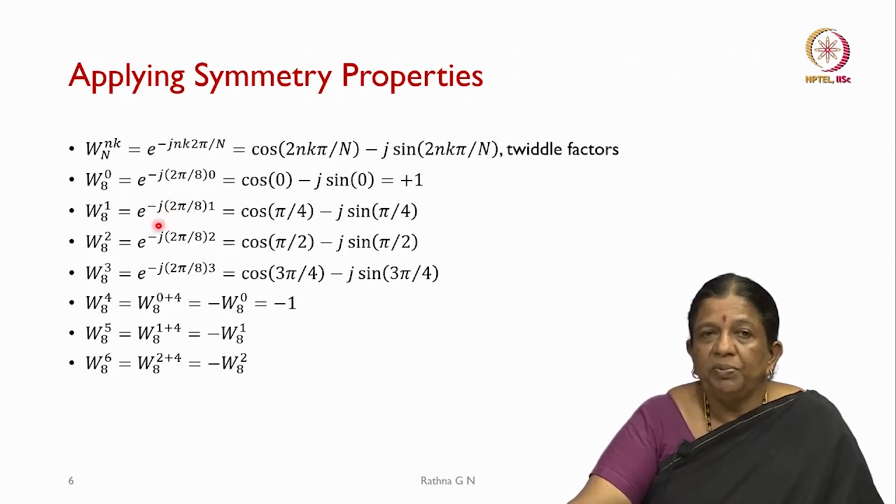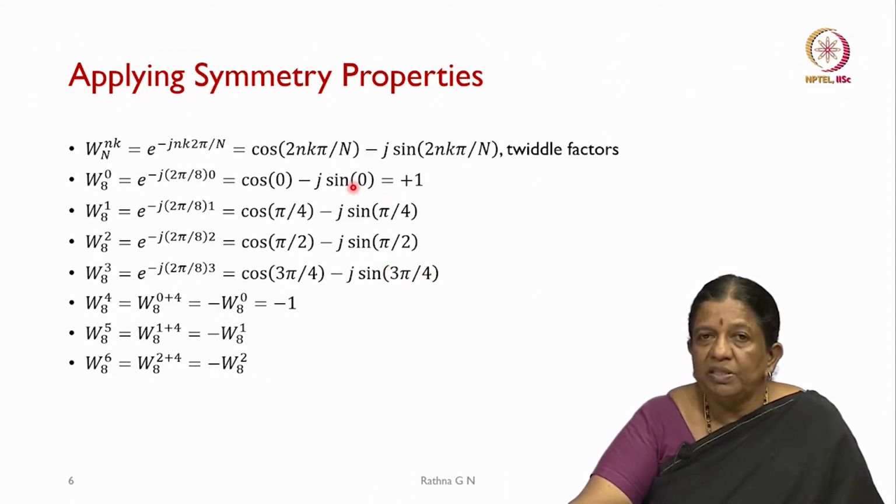Then W_8^1 is cos pi by 4 minus j sin pi by 4, and W_8^2 is cos pi by 2 minus j sin pi by 2. W_8^3 is e power minus j 2 pi by 8 into 3, which is cos 3 pi by 4 minus j sin 3 pi by 4. So how many coefficients have we calculated?